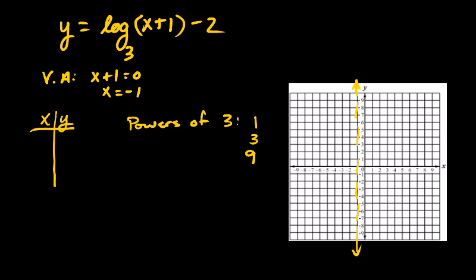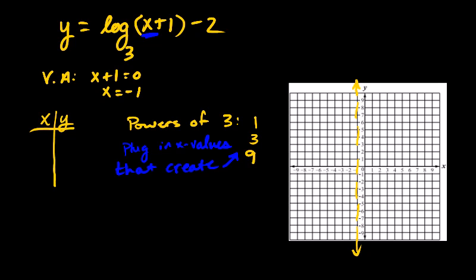So if you were to plug in 1 for x, what that would get you on the inside of the logarithm is 2. And we don't know the log base 3 of 2. So what you want to do is plug in x values that create these 3 numbers.